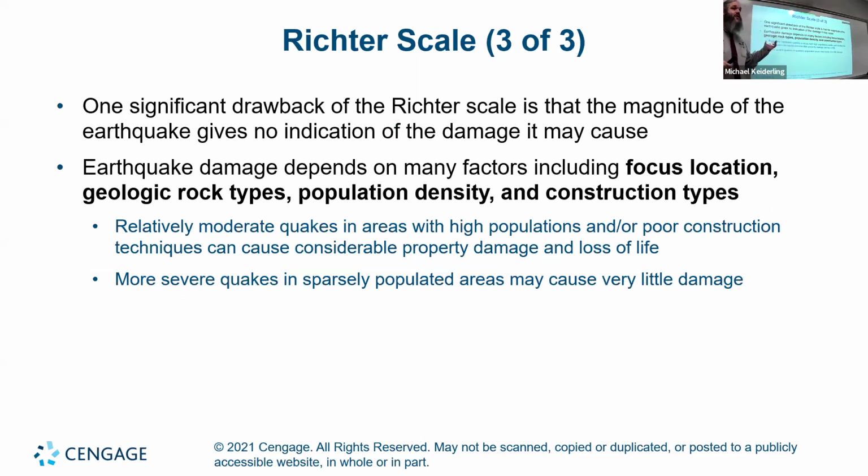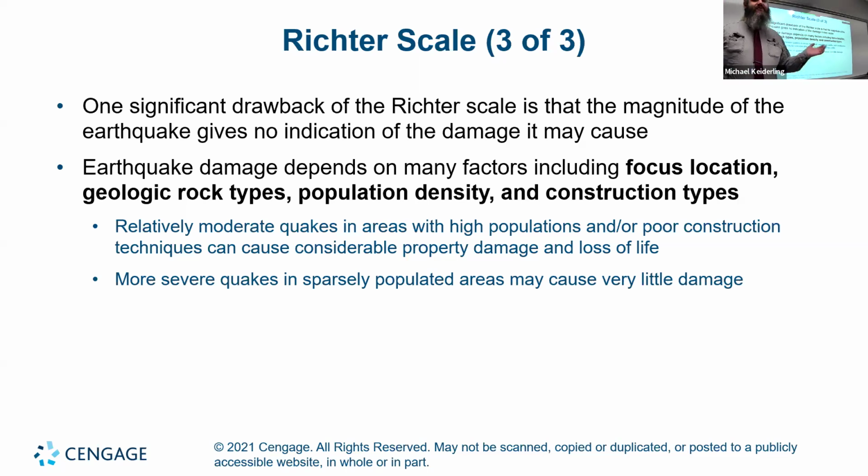So things like where the focus is located, the geologic rock types things are built on, the population density, how things are constructed. That determines the damage. Relatively moderate quakes in areas with high populations and with poor construction techniques can cause horrific property damage and loss of life.